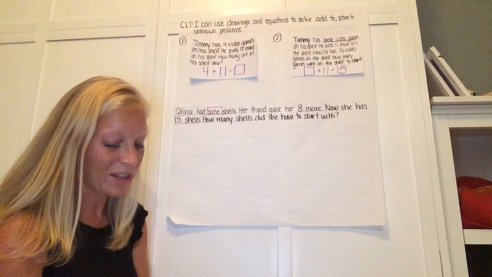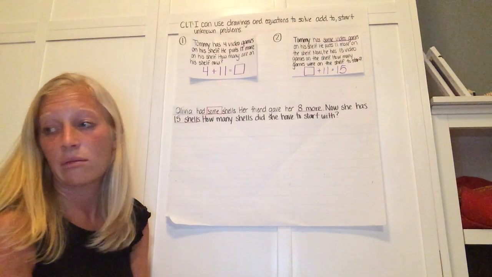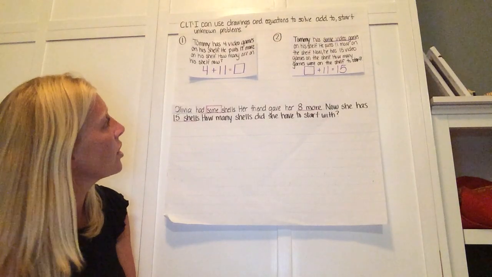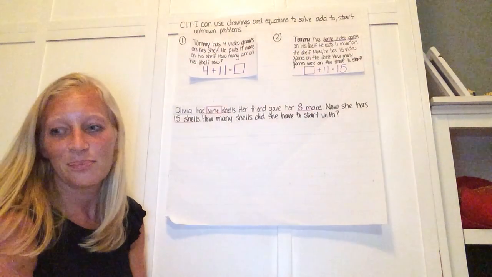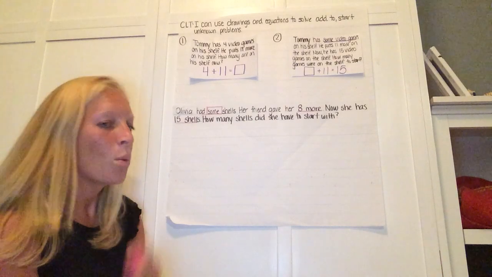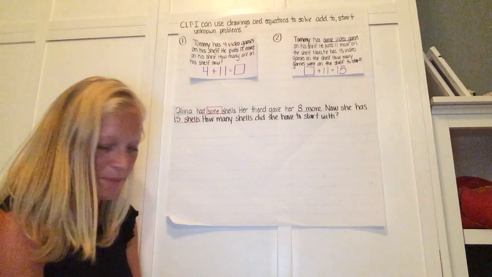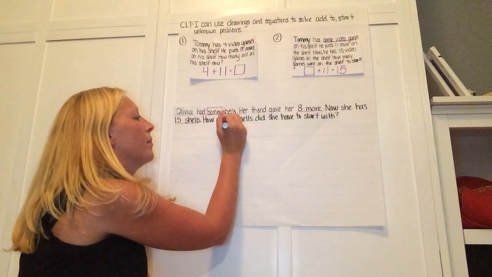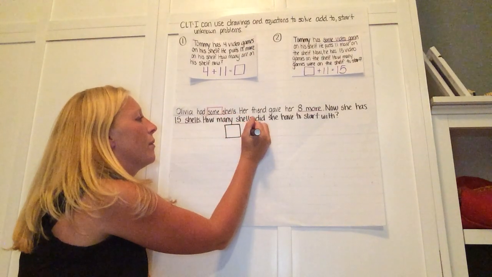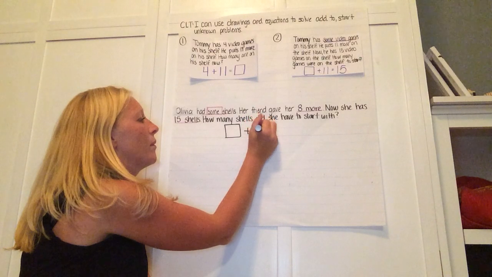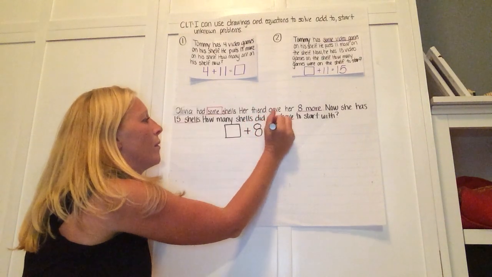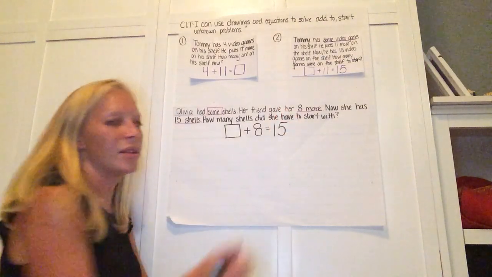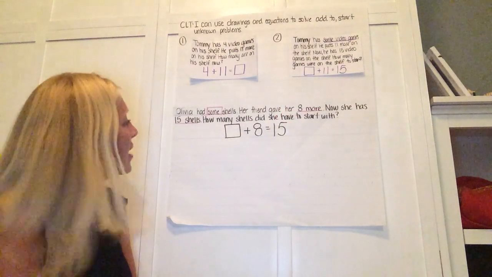What equation would we write to match this story? I see some of you already feverishly writing. What equation would you write to match this story? I see some friends wiggle waggling in the side of my eye.